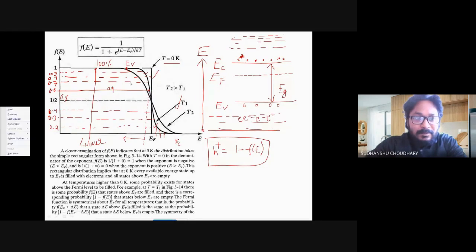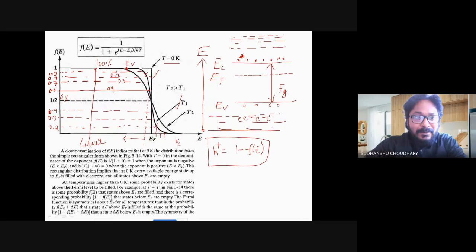Similarly, for Fe equal to 0.7, that is the electron probability as 0.7, the probability of finding a hole, that is 1 minus Fe, is 0.3. Next, for 0.8 Fe, you have the probability of finding a hole as 0.2.